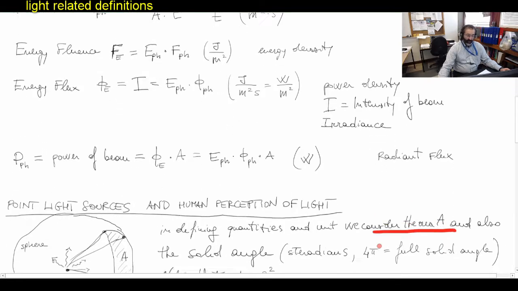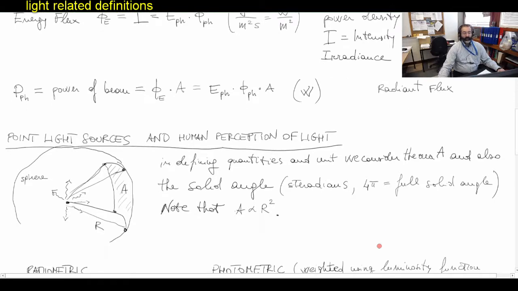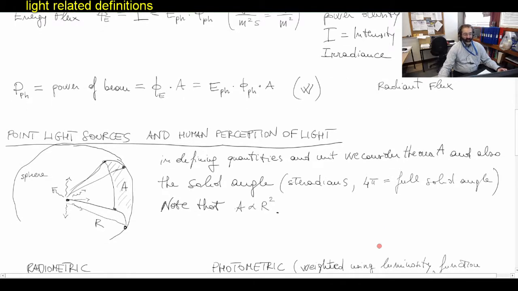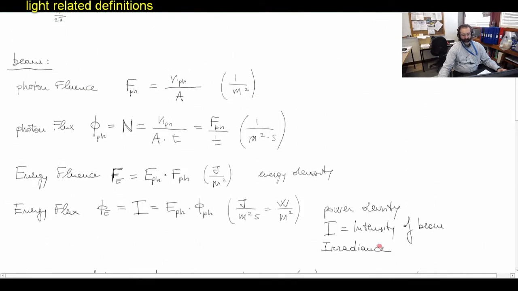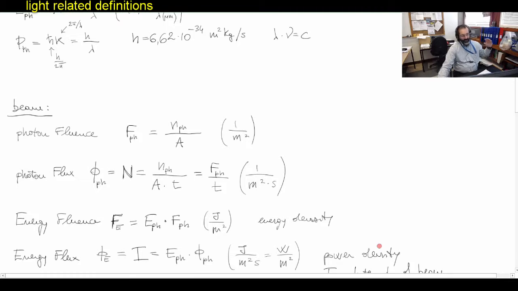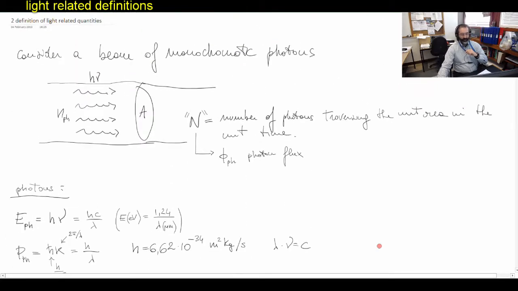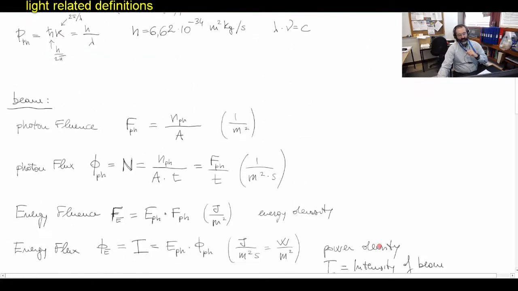At this point, just for you to know, these definitions are very meaningful in general, but especially in the case of a beam, a monochromatic ensemble of photons traveling all in the same direction, as I've shown in this diagram here.